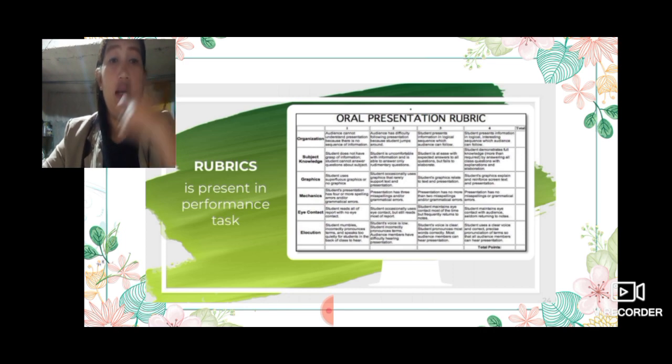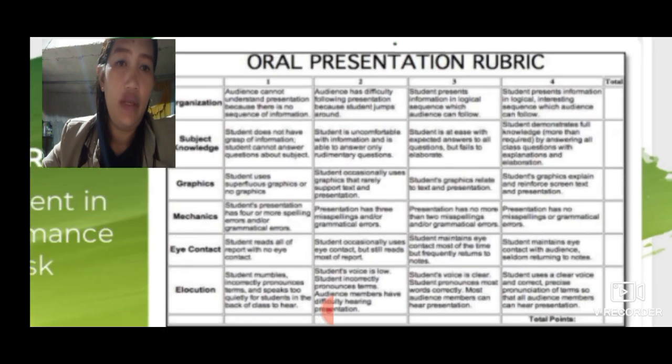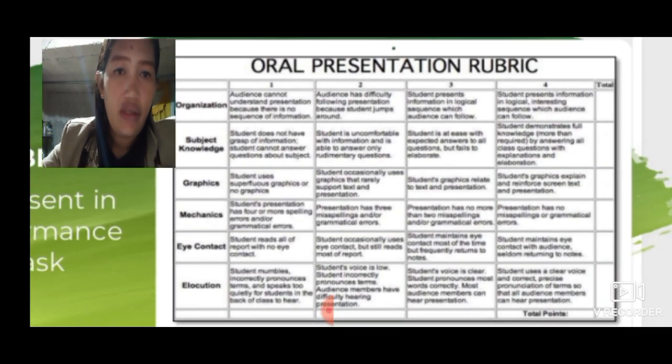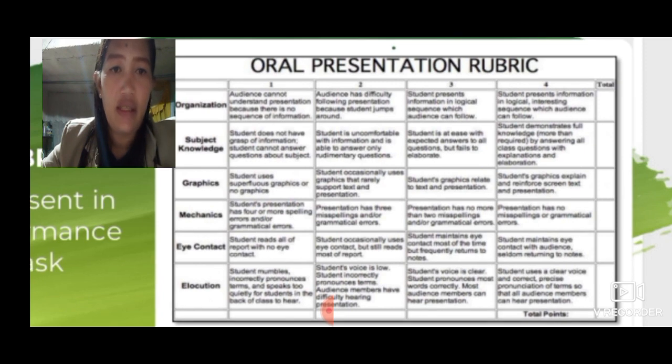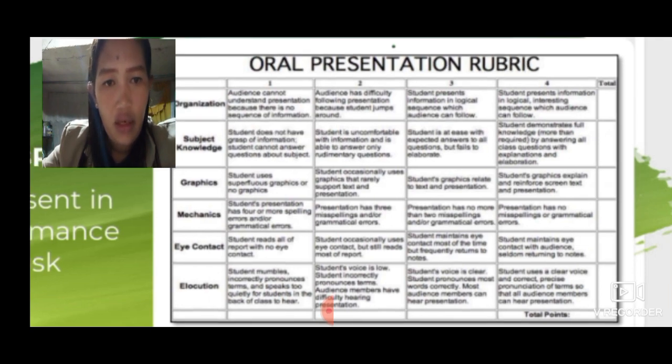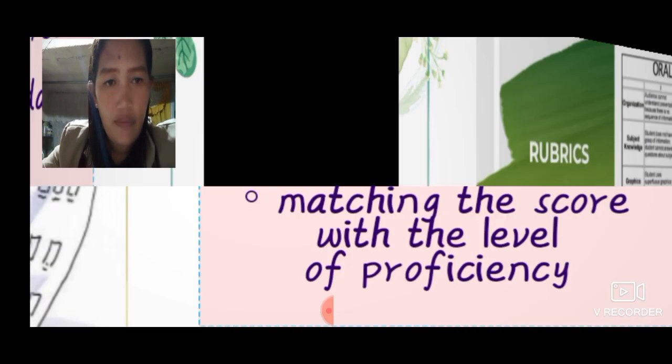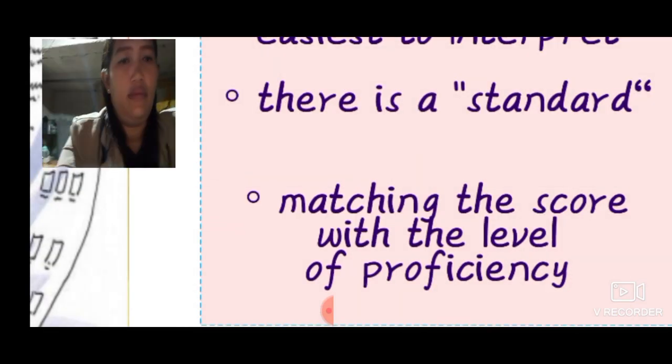So this is the basis in oral presentation. For graphics, the highest score is given if the student's graphics explain and reinforce screen text and presentation, a perfect score of 4 points. Okay, so this is understandable, no?